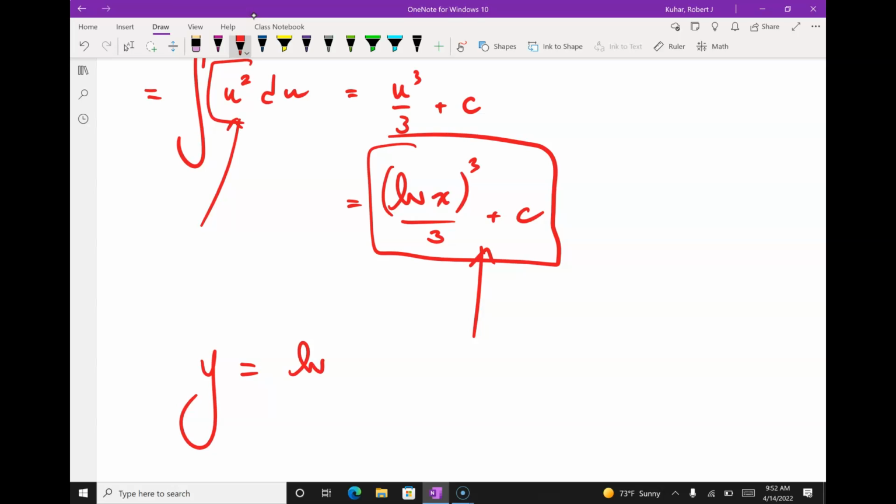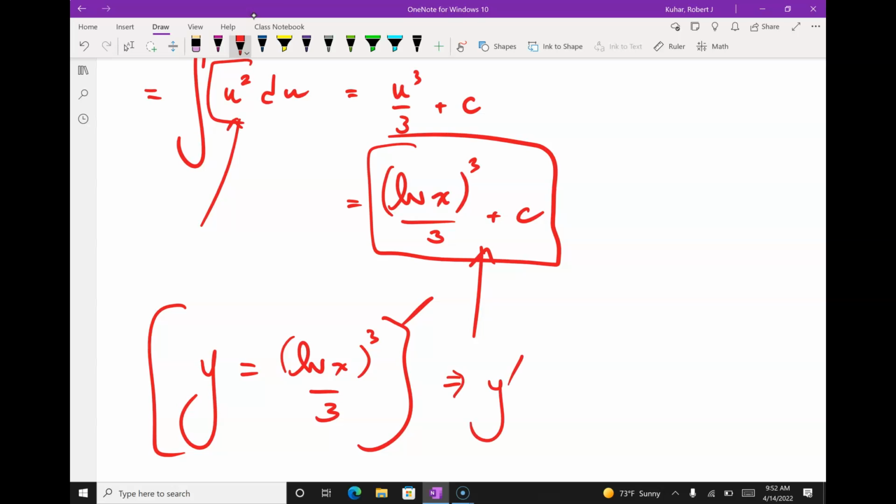y equals the ln of x quantity cubed over 3, right? I want to do the derivative of that. So on the left side, I get y prime. On the right side, I have a power rule. So I get 3 times the ln of x quantity now squared times the derivative of the inside.